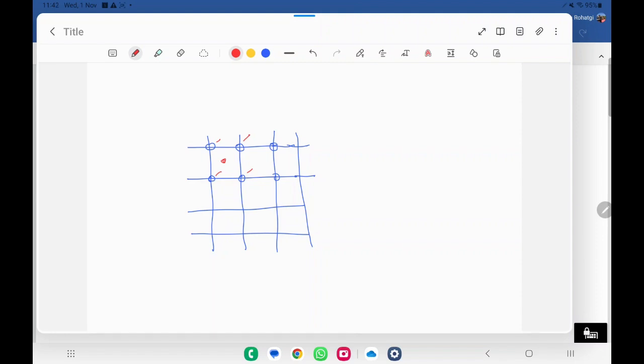But when we talk in terms of, let us say, this area which is surrounding this, nothing is known about this when we find the numerical solution. How do you know about it?